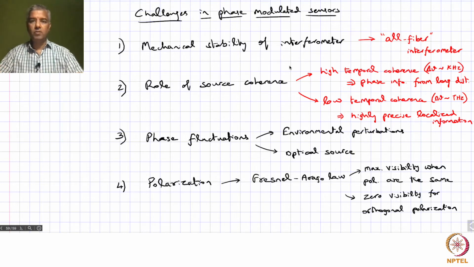And on the other extreme, if you have extremely low temporal coherence, so if you have spectral widths on the order of terahertz, as in the case of a light emitting diode, then we could potentially get highly precise localized information. So we looked at those two issues.